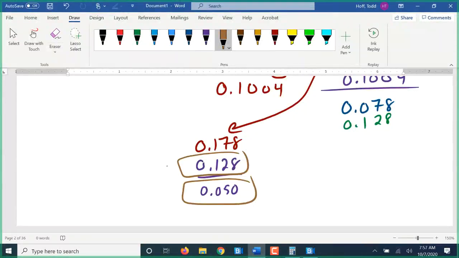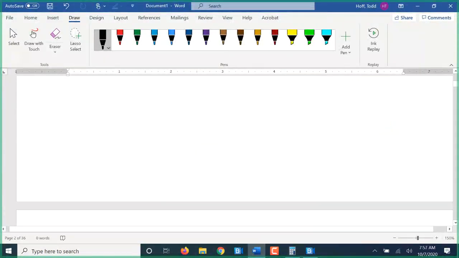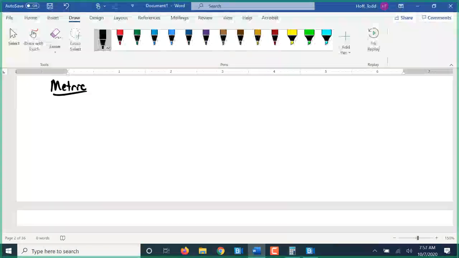Now we also have metric gauge blocks. For our metric gauge blocks, we go down to 1,000th of a millimeter. And our first series, actually all of our series for metric are 9 blocks.